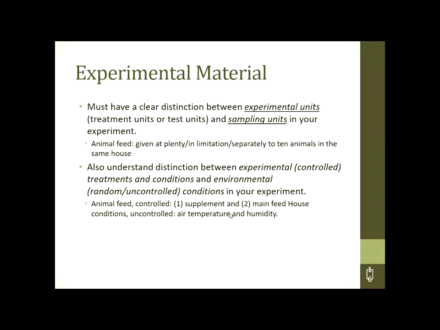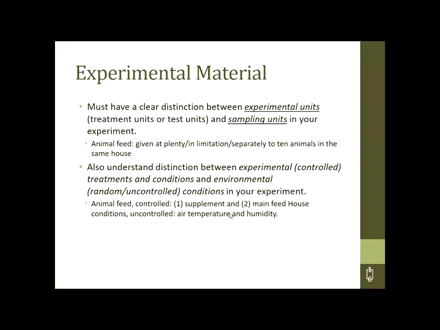Say maybe the pigs, maybe we measure thickness of fat on their back, and then potentially you could measure each animal twice. So you're sampling it twice, measuring two measurements of the same individual.